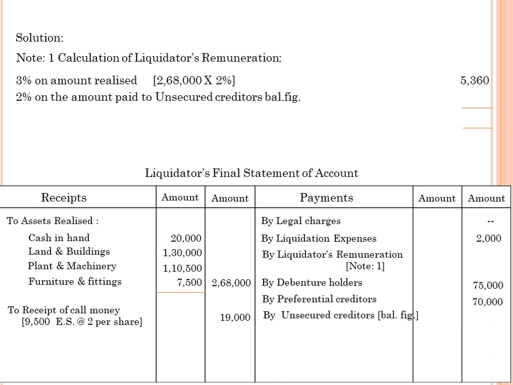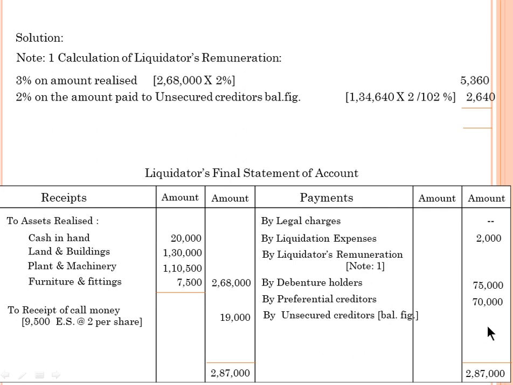At the stage of repayment to the unsecured creditors, we have to check whether we have a sufficient or insufficient amount. What is the total receipt on the debit side? 2,87,000. Out of 2,87,000 we deduct what we have paid so far: 2,000, the liquidator remuneration calculated so far, 5,360 from assets realized, 75,000 as debentures, and the preferential creditors, and find the balancing figure.